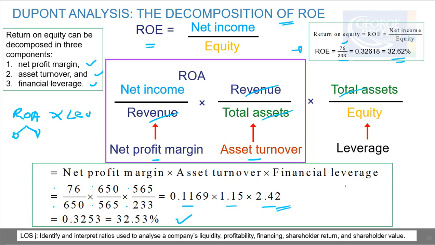So don't be too intimidated by that. You don't need to recreate these calculations at all. You just want to have an understanding that, first of all, the formula for return on equity is net income divided by equity, but by doing a little bit of algebra, we can break that into a number of different components, and that gives us more and perhaps better insights into what's driving that return for the shareholders.